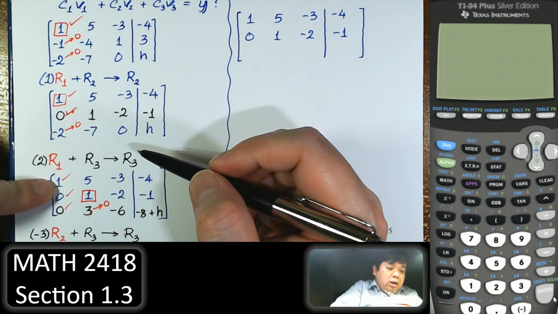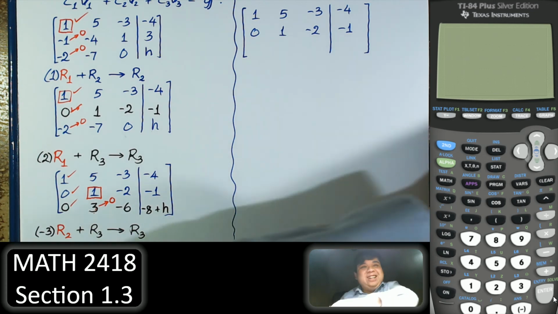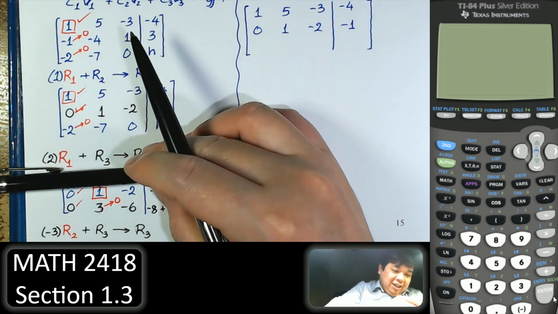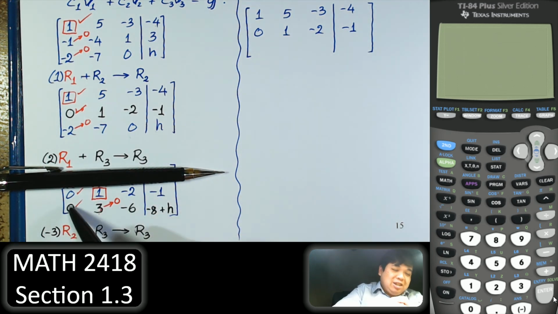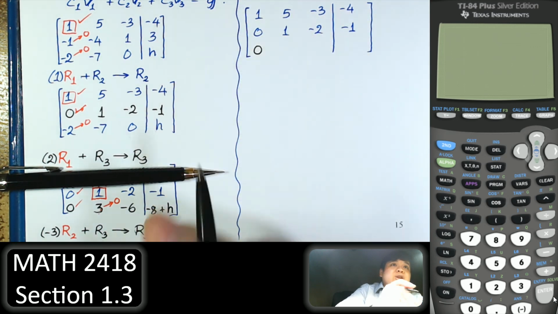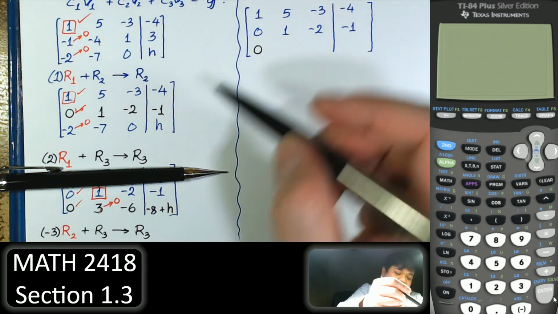Negative 3 times 1, negative 3. I'm sorry, multiply row 2. Of course, if we multiply row 1, that turns into something else. So we have 0 here already, so it doesn't matter what we do, it's still going to be 0. That's why we do this by column. When we have 0, it doesn't matter what we do, it's still 0.